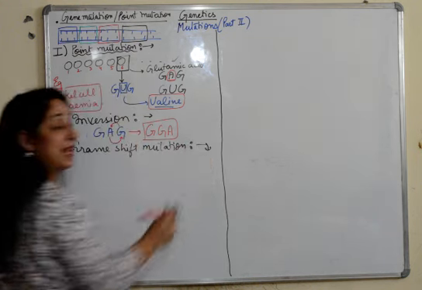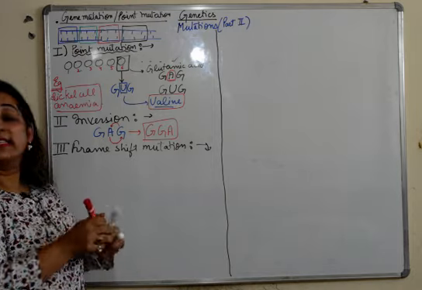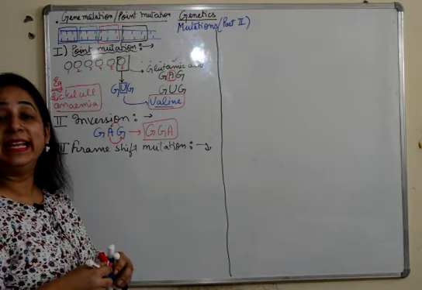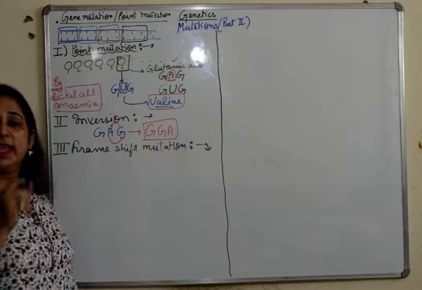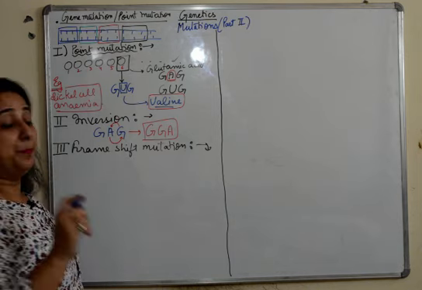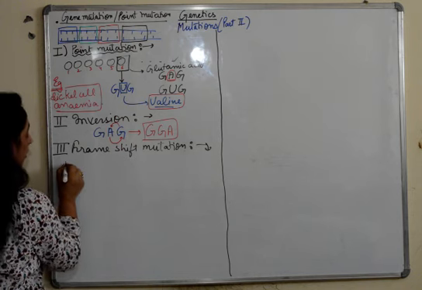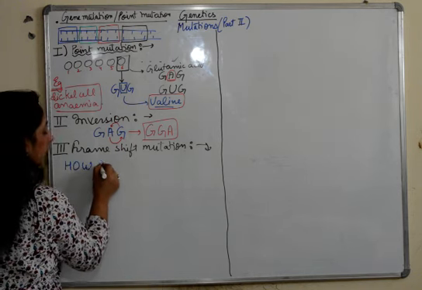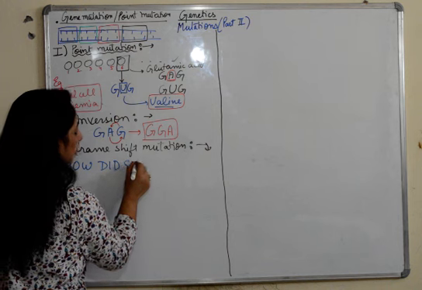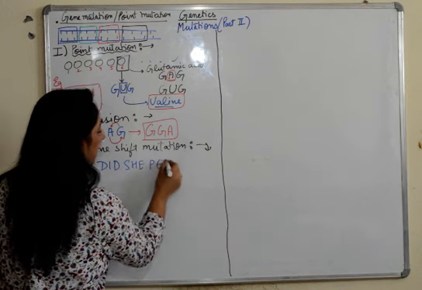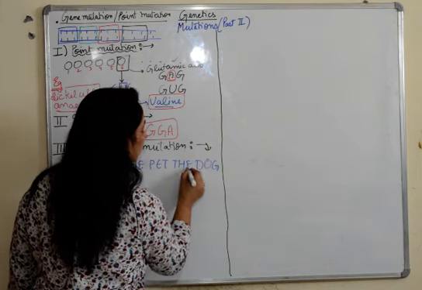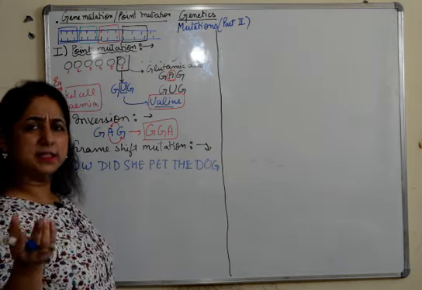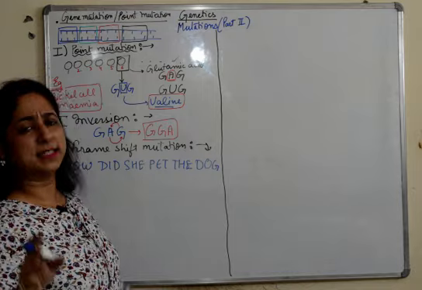The whole frame shifts. For understanding this, we'll take a simple example of a sentence which says, how did she pet the dog? How did she pet the dog? It can be given as multiple sentences. Multiple teachers give different sentences to explain this.